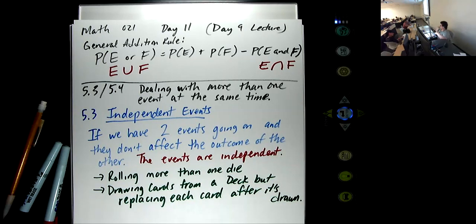So long as the deck has all 52 cards each time you draw, they don't affect each other. If you keep a card out, now there's only 51 cards and they are affecting each other. In 5.4, we will talk about dependent events where they do affect each other.